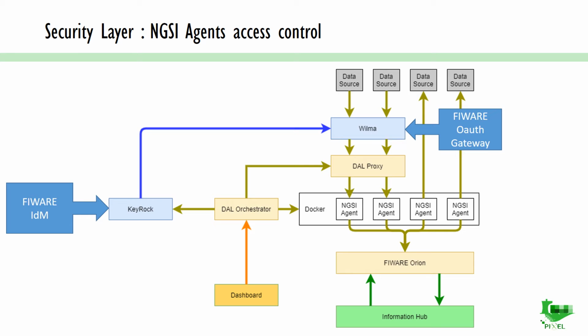That way, we can define permission matching those paths and the different API verbs. We can regroup them on a role. And we can then define an application on KeyRock for NGSI agent access and create user for each data source with appropriate role. A data source is only able to push data to the async API.